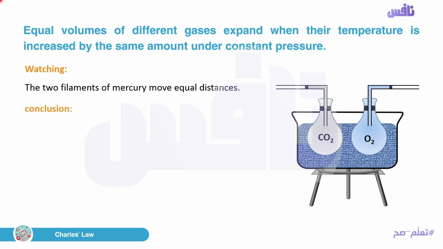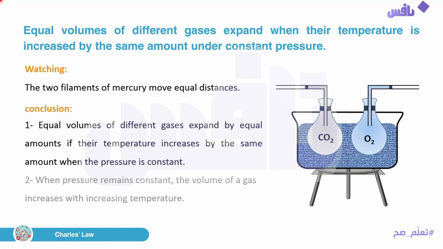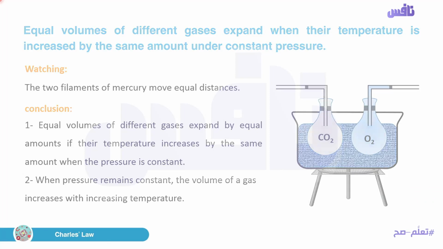So the conclusion will be equal volumes of different gases will expand by equal amounts if their temperature increases by the same amount, and also when the pressure is constant. Number 2, when pressure remains constant, the volume of gas will increase with increasing temperature.